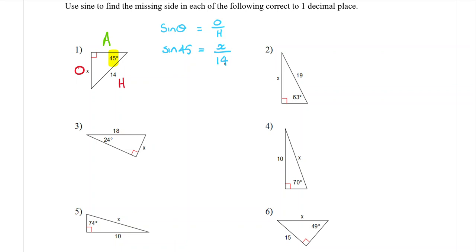Okay, so really I have made an equation, not an equation that we're very used to because we're not used to having sines and coses and things in equations, but it is an equation where I want to know what this x is equal to. To get the x by itself, think back to your equations from last year, we do the opposite of that 14 there, which is to times 14 to get rid of that, and we get x equals 14 times by the sine 45.